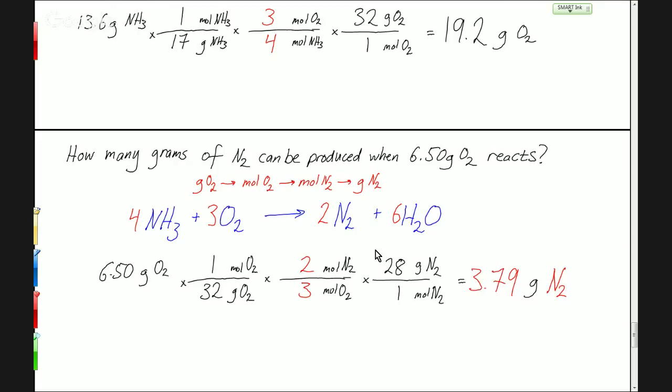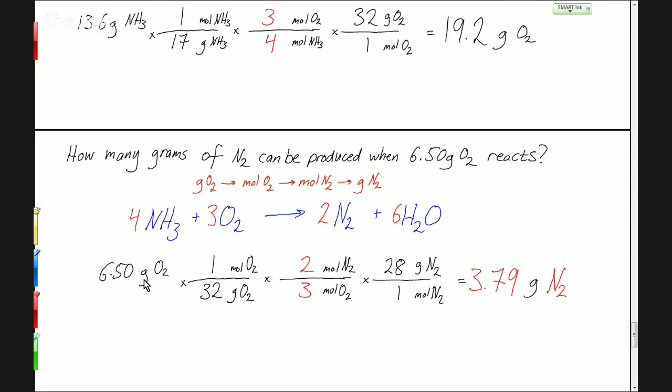Because if you do have a little mistake somewhere, I'll still give you almost all the points if you set everything up properly. But if I just see a random number there and it's wrong, I don't know why it's wrong. I don't know if it's a little mistake or a big mistake. So please always write this out like this. Keeps you clear and it keeps me clear when I'm looking at it.